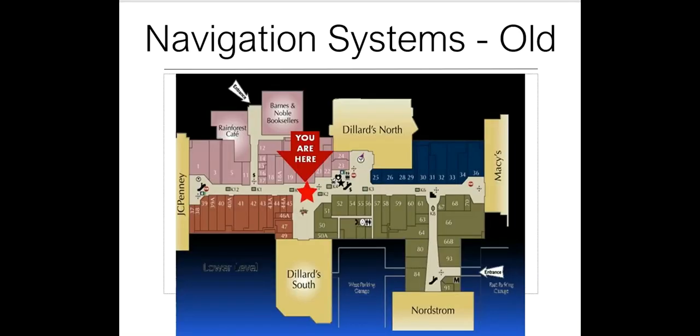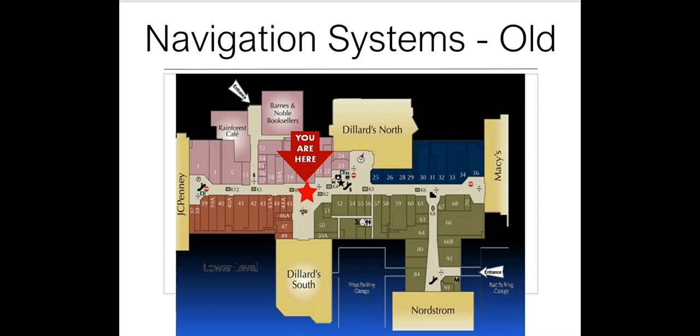All right, so typical, sort of old-fashioned navigation systems in terms of the real-world systems within, say, something like a mall. This is a very typical old style of map, and many places still, of course, have this sort of thing. You have a static display with the various anchor stores identified.